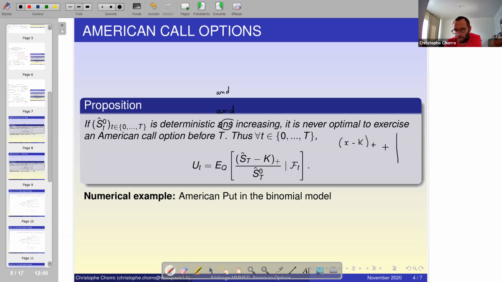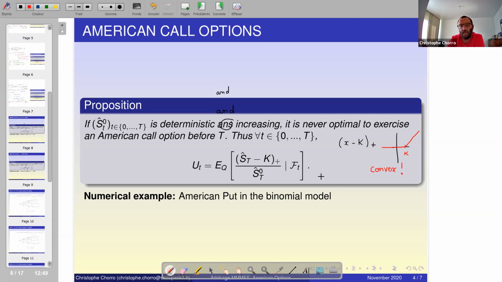If I plot it, I obtain something like this, with my K here. It's the classical payoff of a call option. And this mapping is convex, so it will be possible to use the Jensen inequality here.